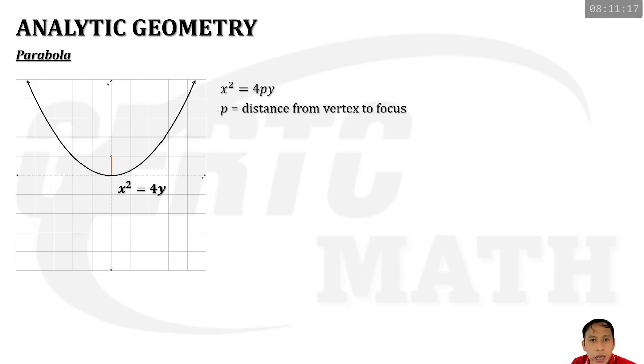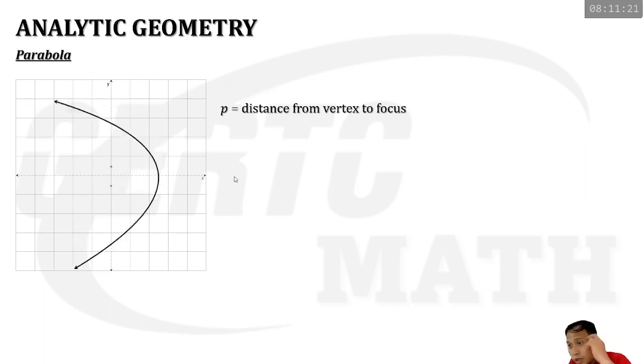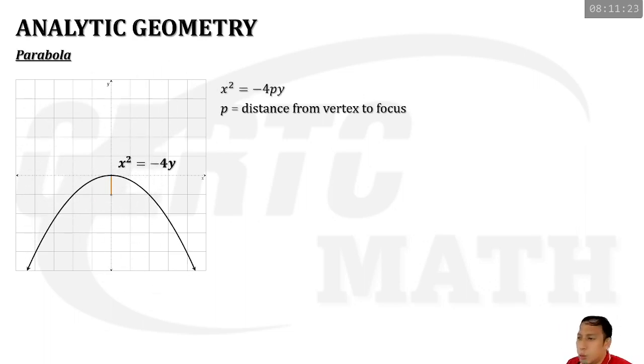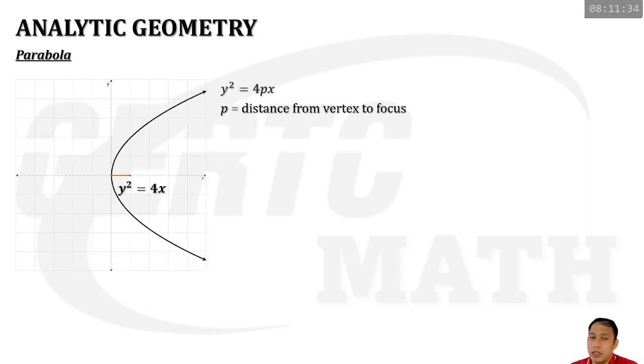Now, pwede rin that the direction of the opening is downward. If it's downward, that would become negative naman. The equation is x squared equal to negative 4py. And if it opens to the right naman, the equation would become y squared equal to 4px.